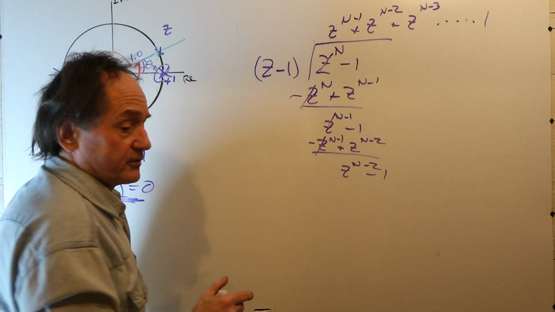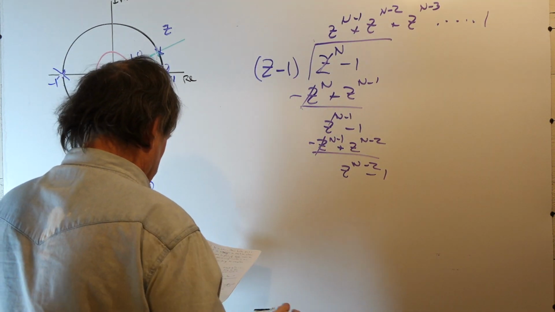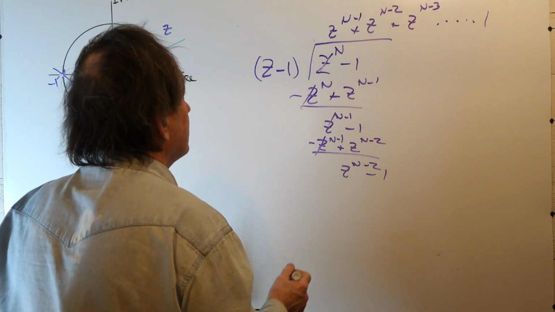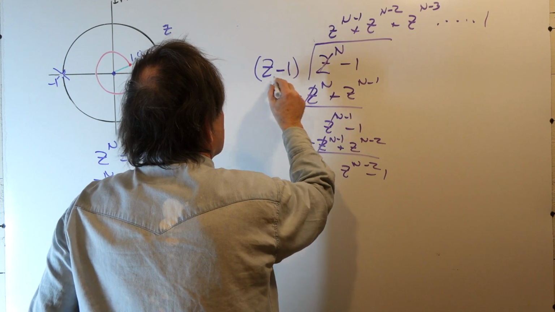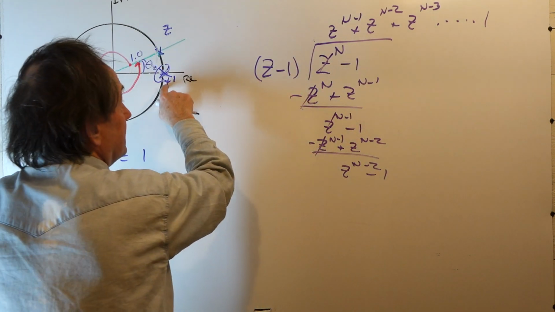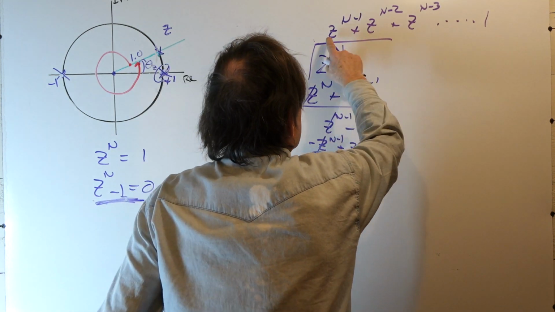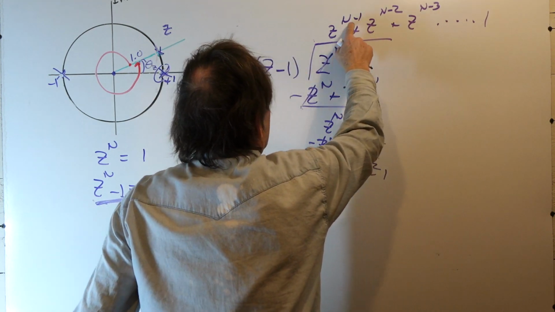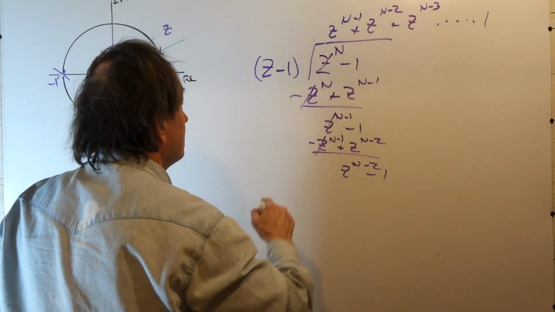So this is interesting. What happens here is that when we factor out the z minus 1 corresponding to the real root at plus 1, we end up with a depressed equation, a polynomial of order n minus 1, where all the real coefficients are unity.